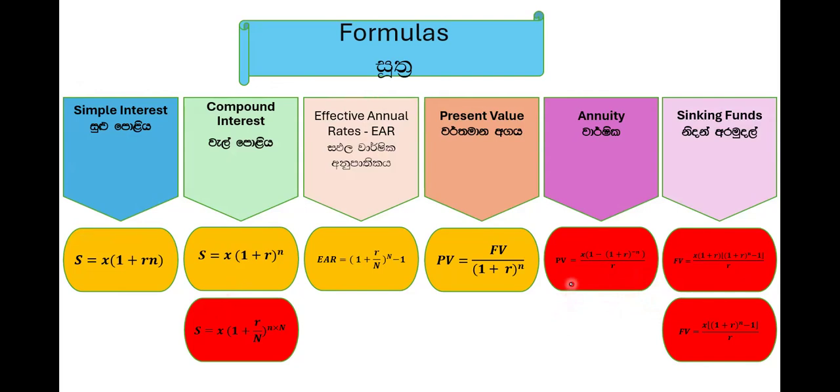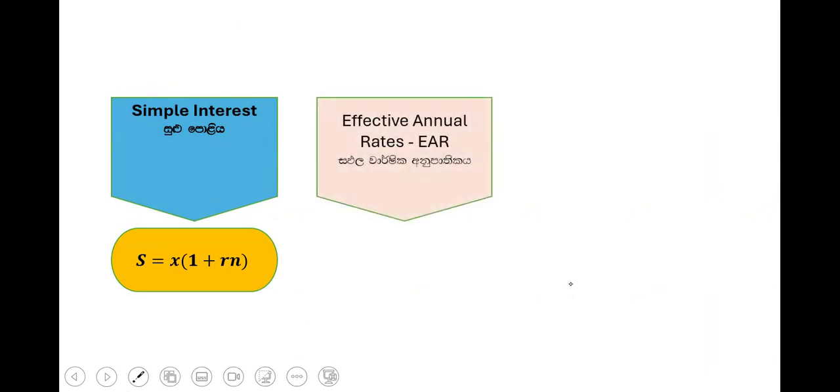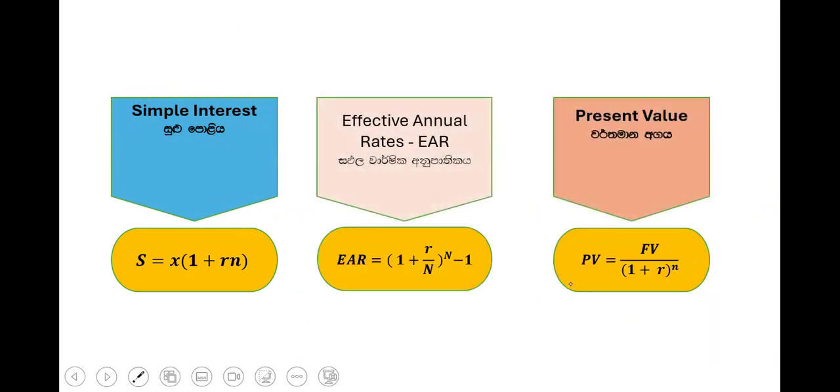Right. Now, simple interest, effective annual rate, present value. These 3 topics we can simply identify. We can easily select the formula.